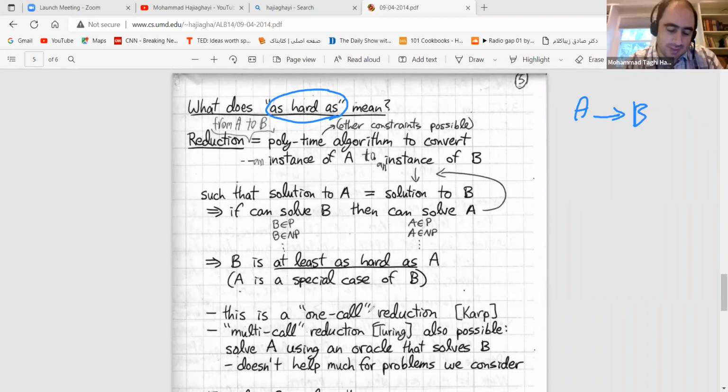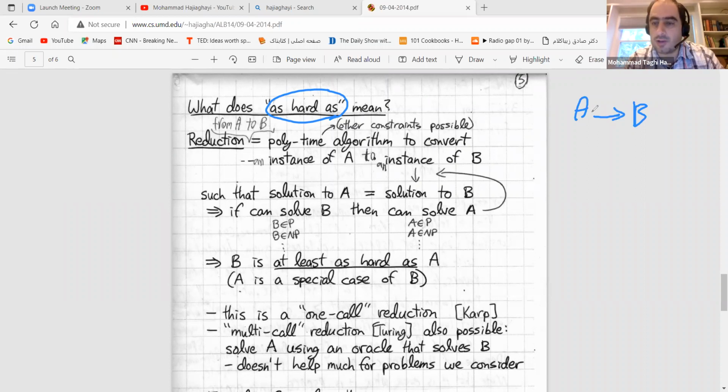In some sense, you can consider it as a procedure that gets the input of A, turns it into an input of B. Then we run the procedure B on that, and then we get the solution from that. You may also change it a little bit, and from that we get a solution for A.